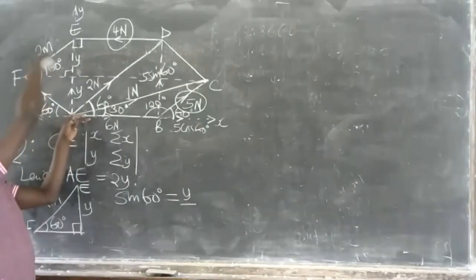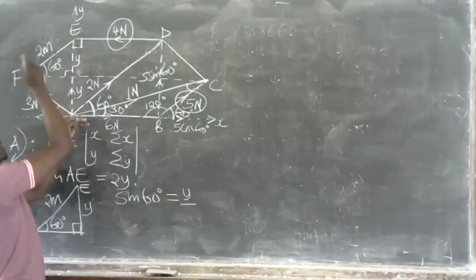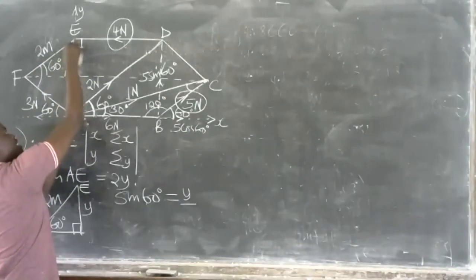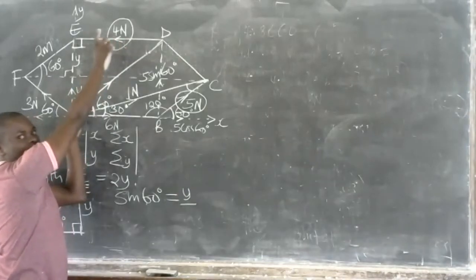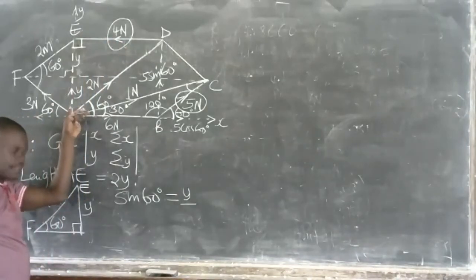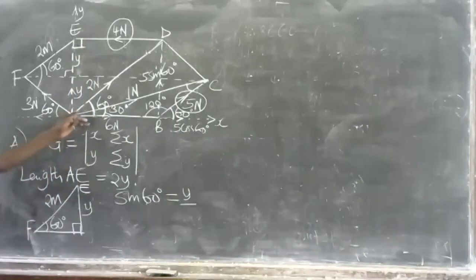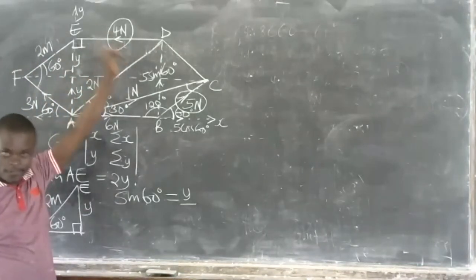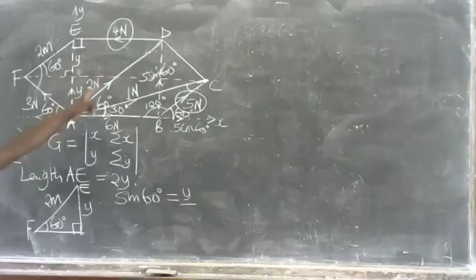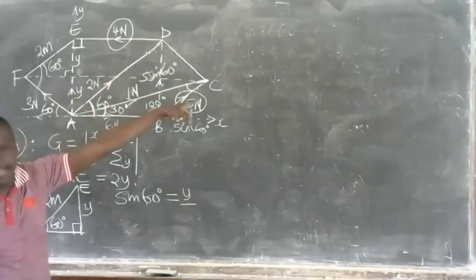That's why we are finding AE, because it is the perpendicular distance to the 4 Newton force. Is that okay? And to get AE, remember this diagram is symmetrical about line FC.